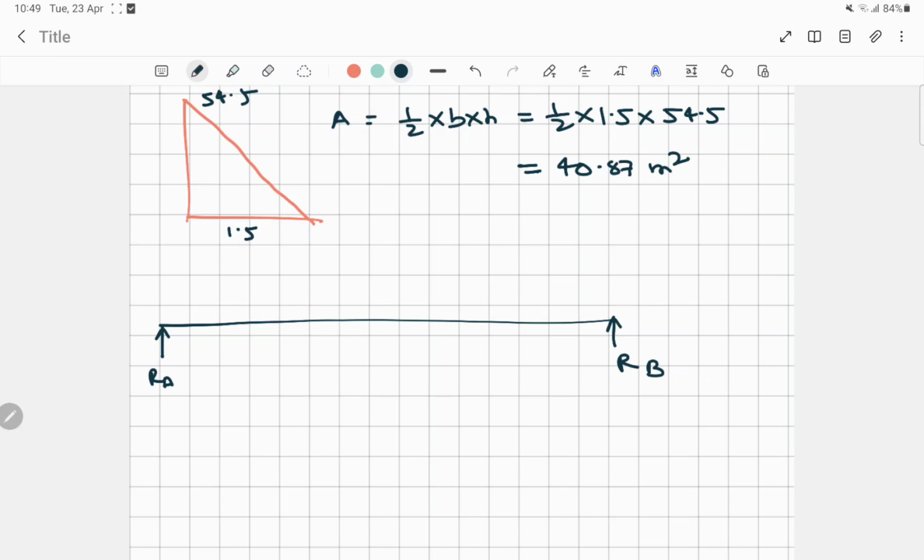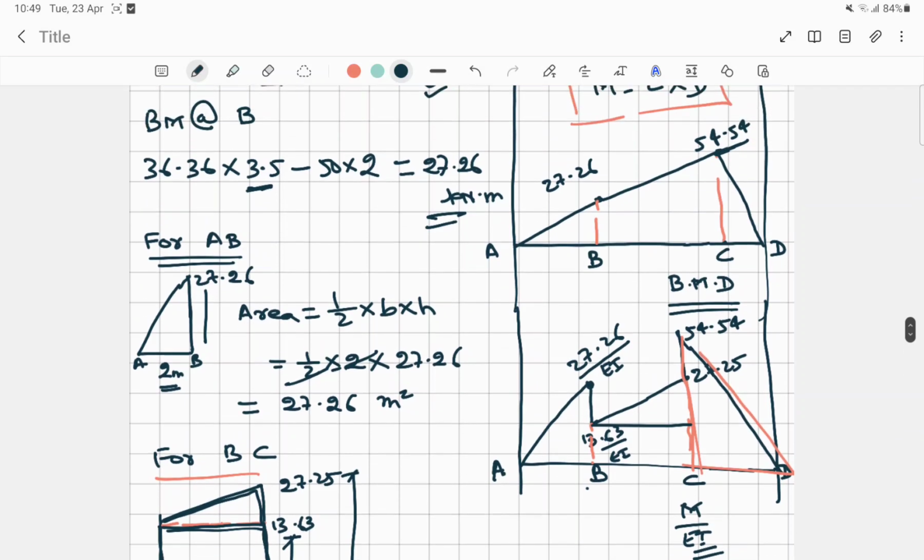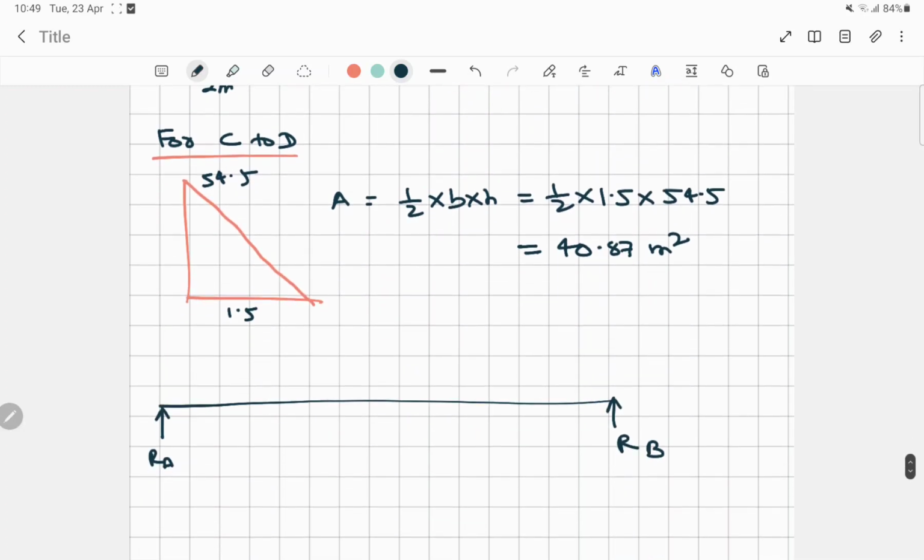Here at A to B, this is the area, and it will be somewhere here, and the value of the area is 27.26, but we don't know the distance at which this load is acting.